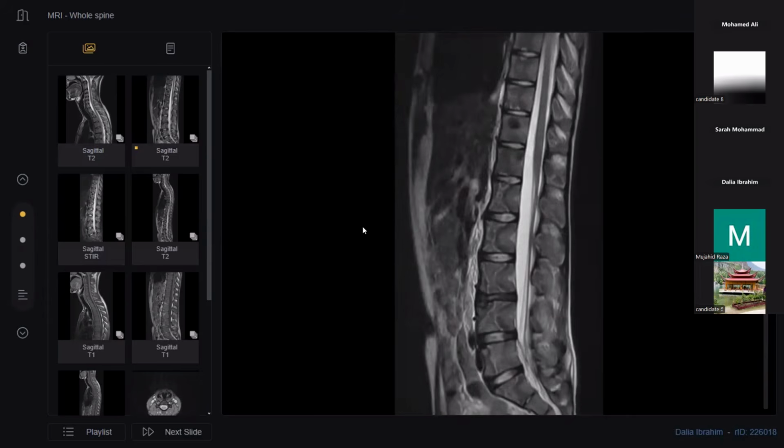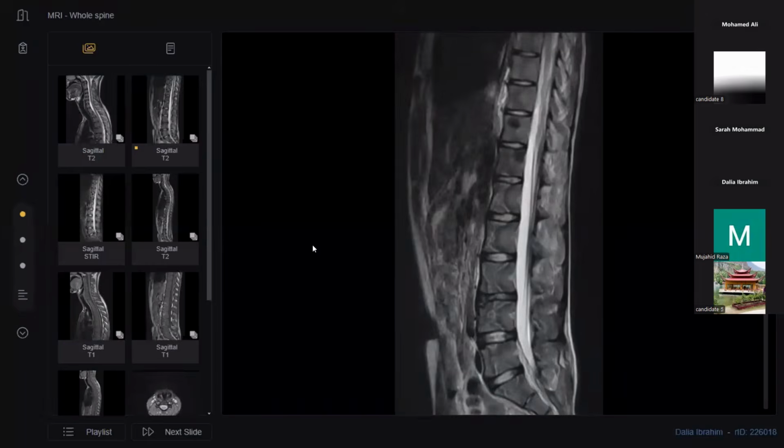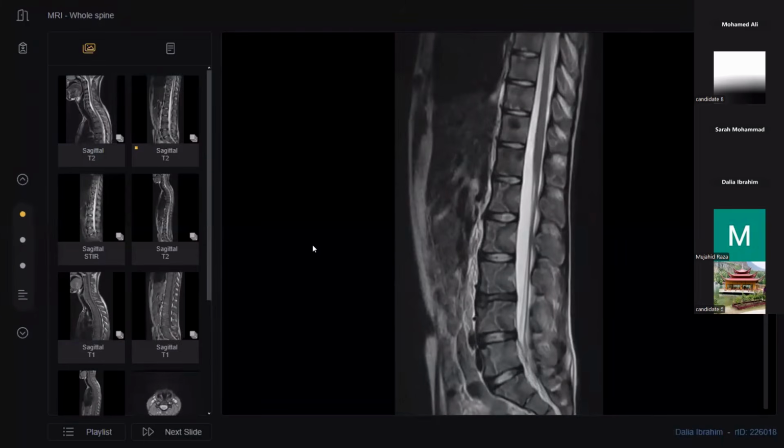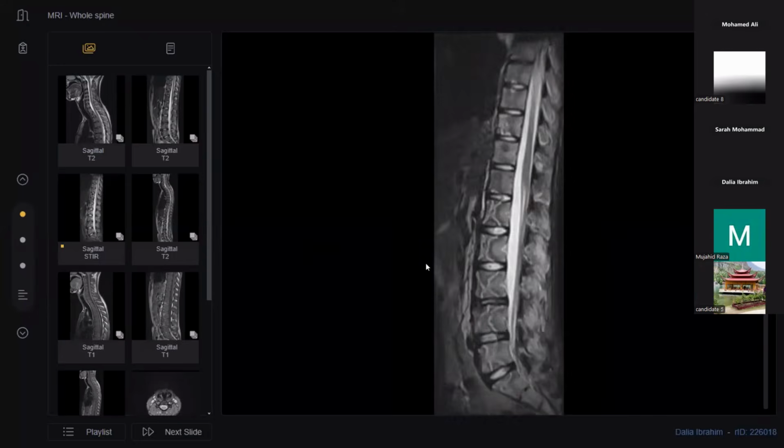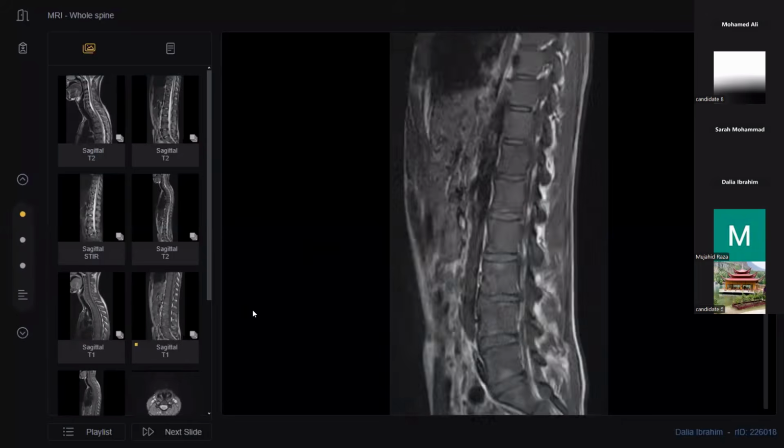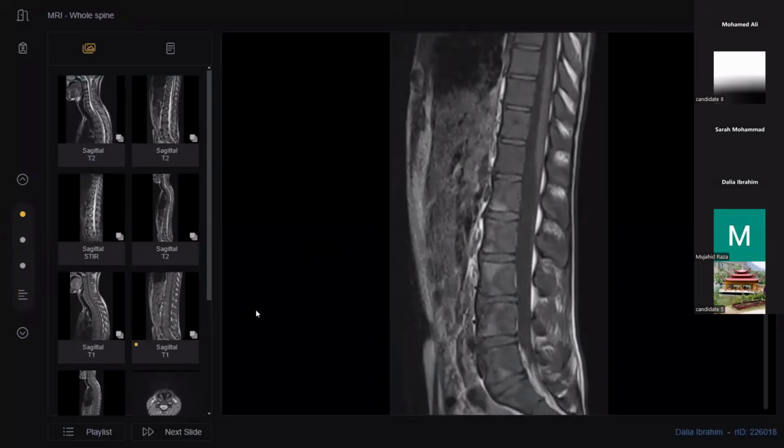And a few lesions around D12 and L1. There are hypointense lesions in D12 and L1. There is also reduced curve of the lumbar lordosis.